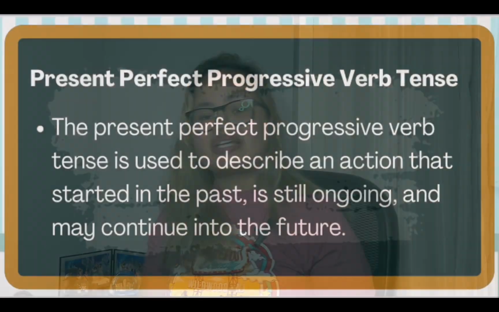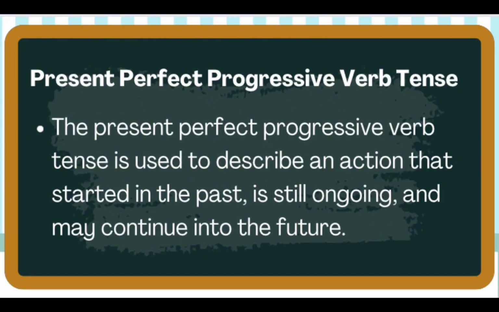So the second form is the present perfect progressive verb tense. This is used to describe an action that started in the past, is still ongoing, and take note, may continue into the future.